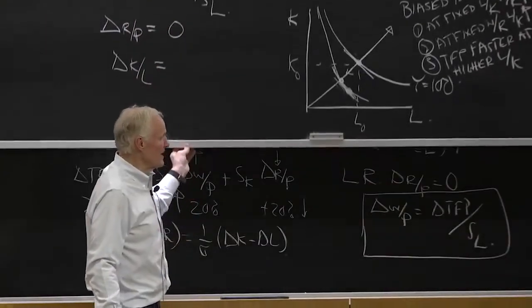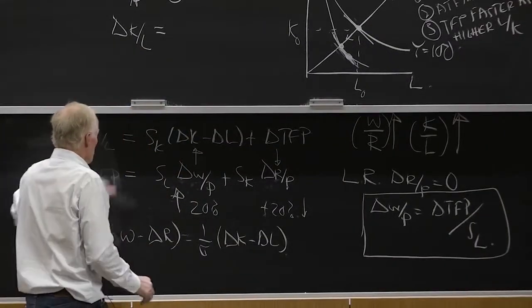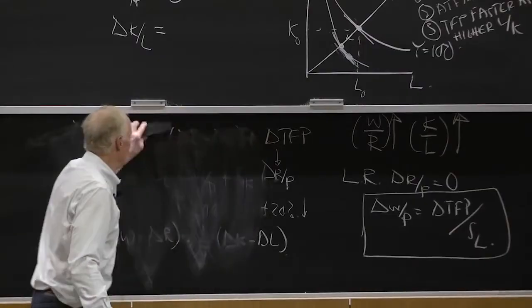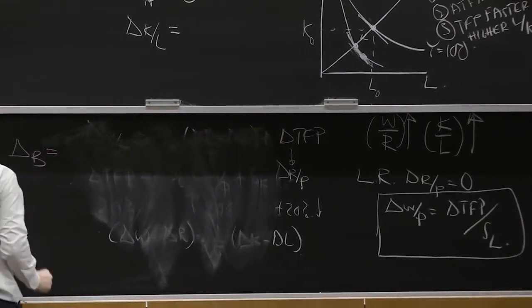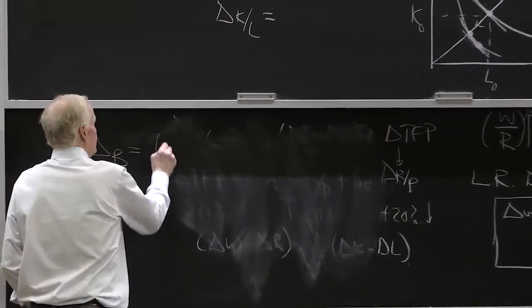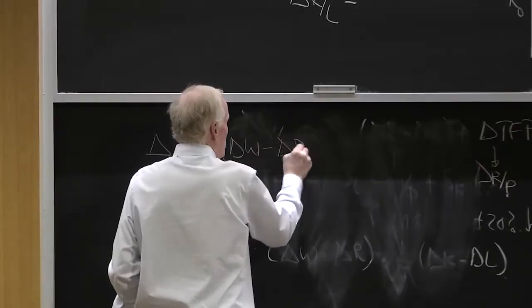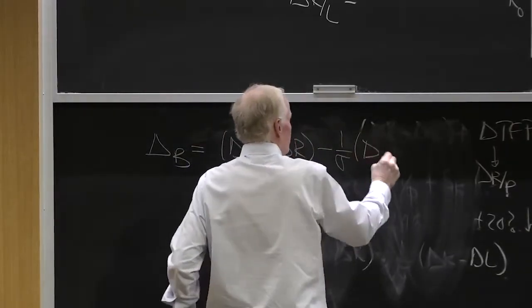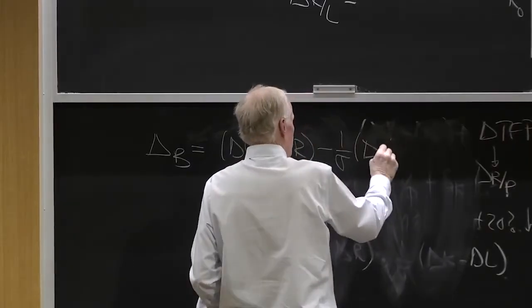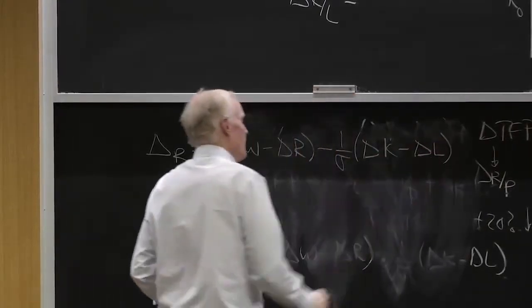How do we measure technical bias? Well, one simple way is just delta B equals delta W minus delta R minus 1 over sigma times delta K minus delta L. Okay?